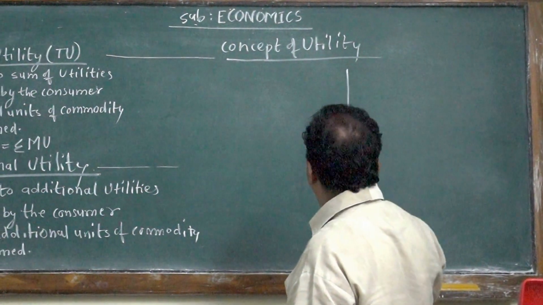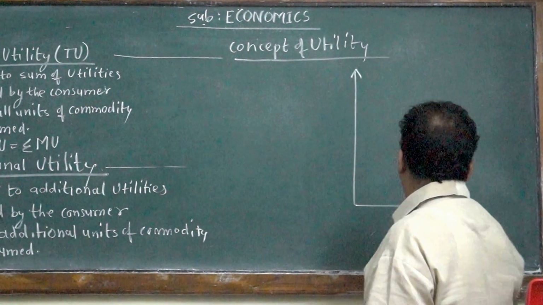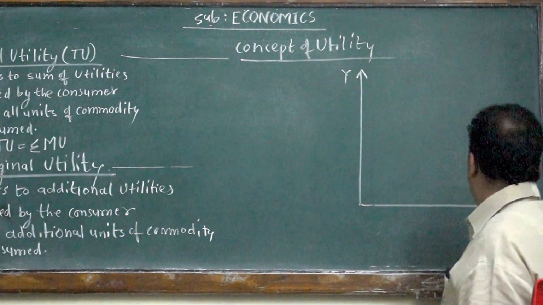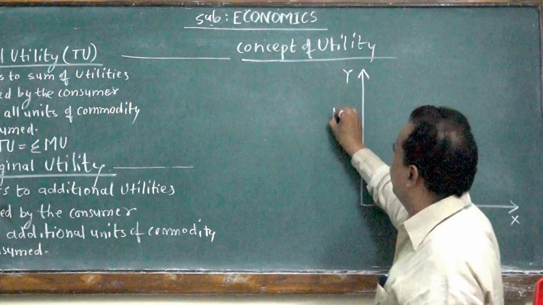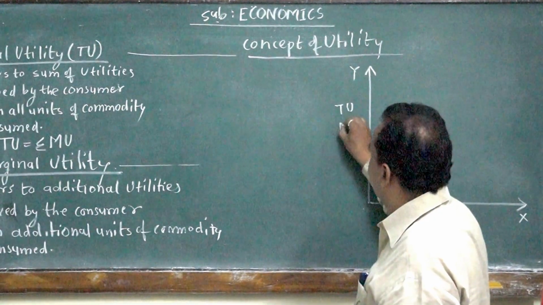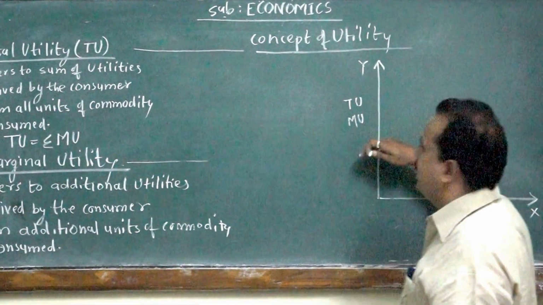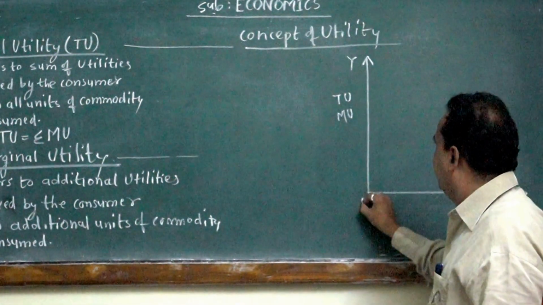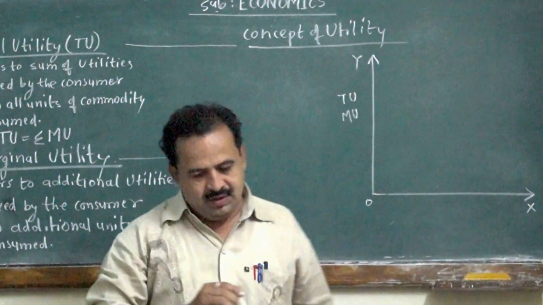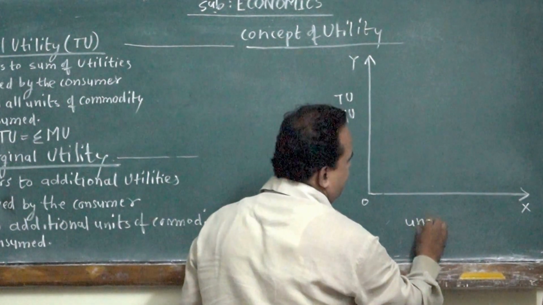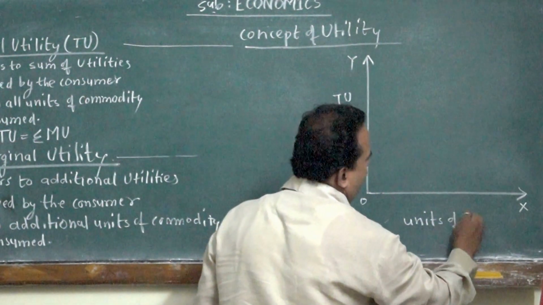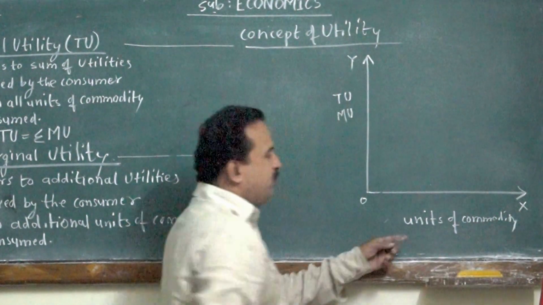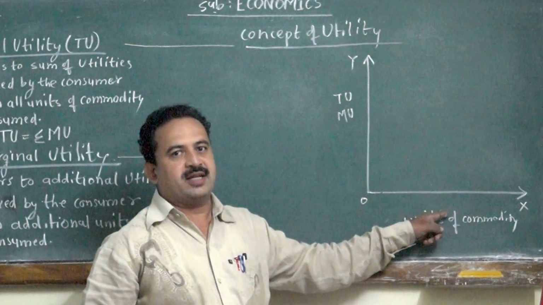Suppose there is a y-axis and an x-axis. Total utility and marginal utility are denoted on the y-axis, and units of commodity consumed by the consumer are denoted on the x-axis.